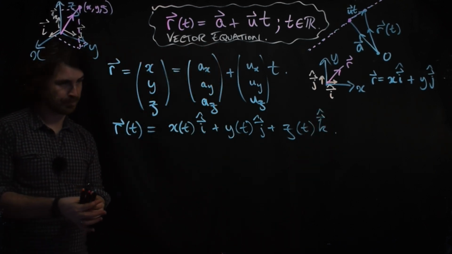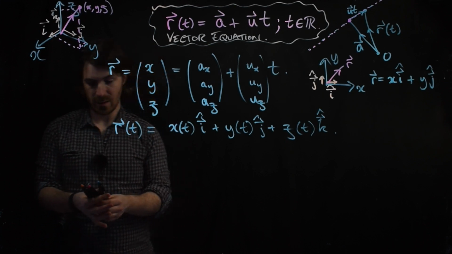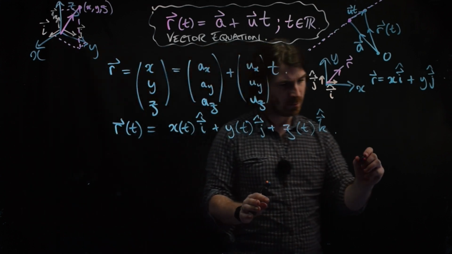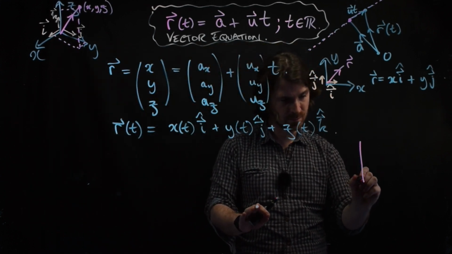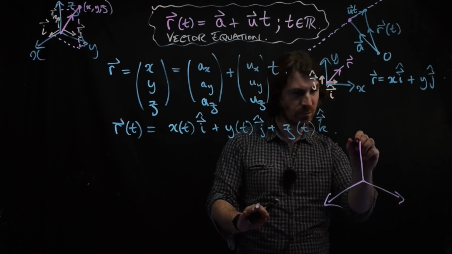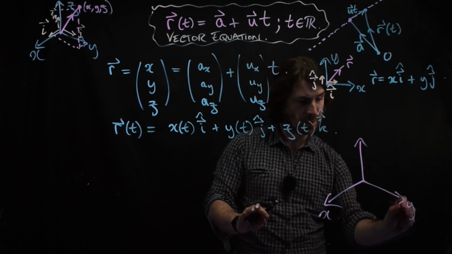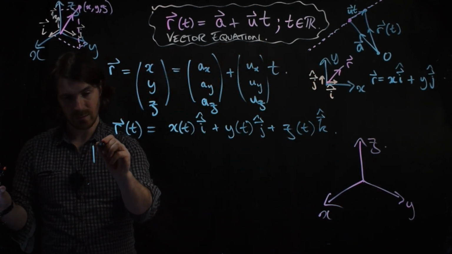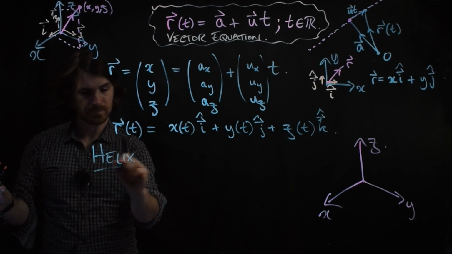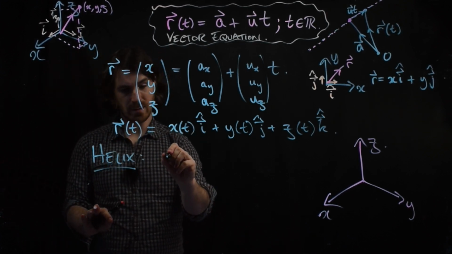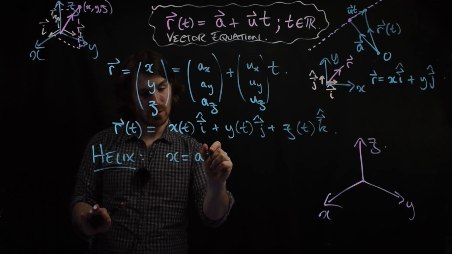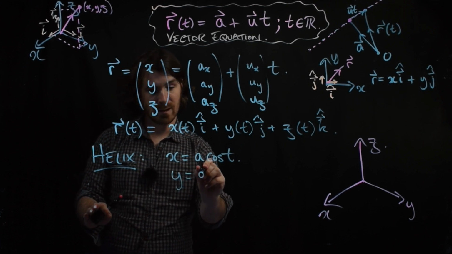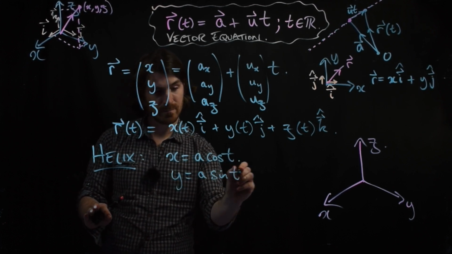Okay, let's think of an example. Let's think about a helix. So here's our helix. This is our three-dimensional coordinate system, x, y, and z. And our helix is defined as follows. It has x equals a cosine t. y equals a sine t.